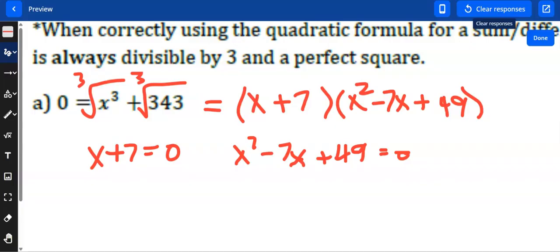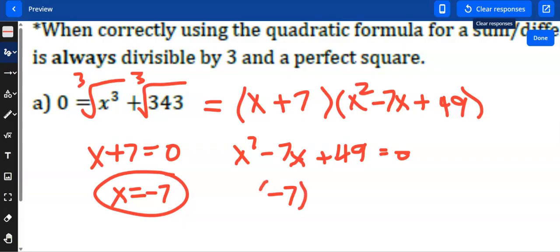Well, how do we solve? Well, the first one's easy, right? X equals -7. Second one, not so easy. Let's see if it factors. We'll use our discriminant from our quadratic formula to see if it factors.